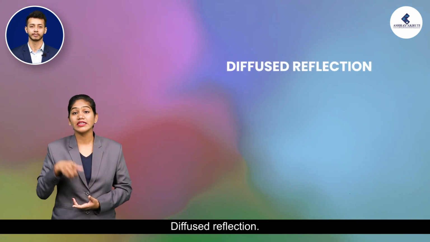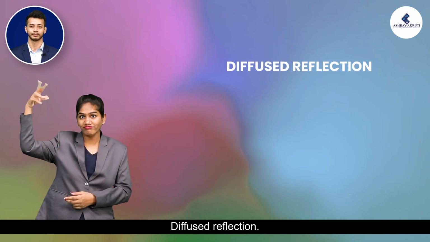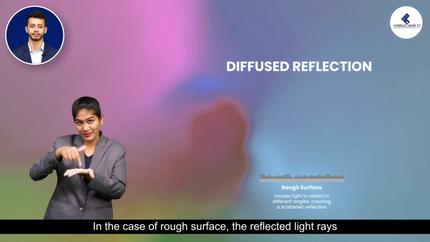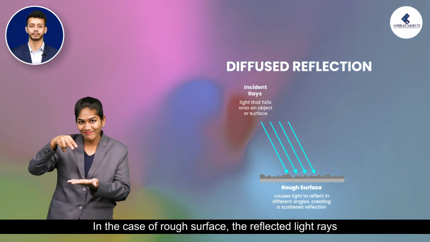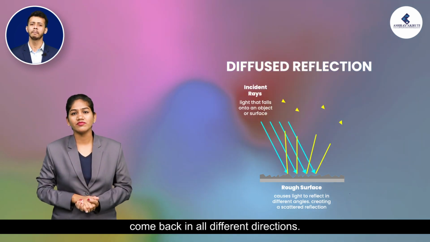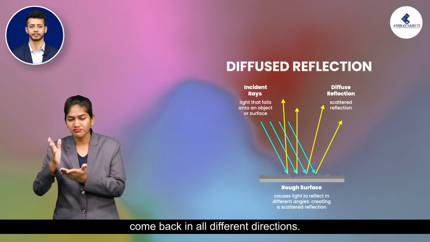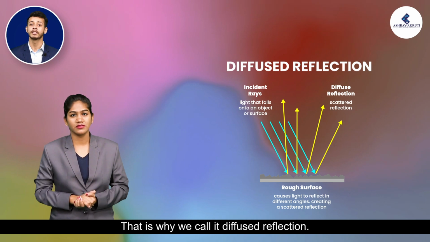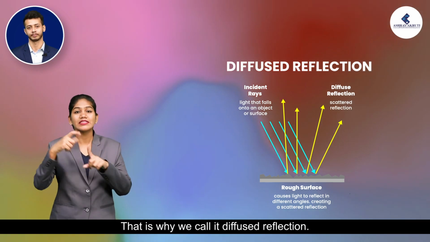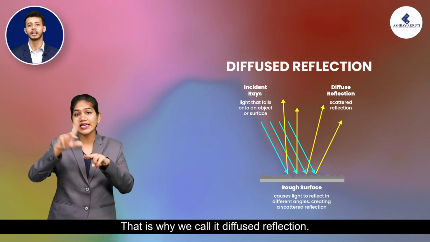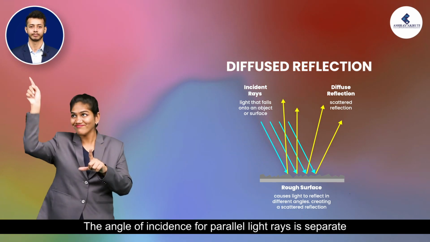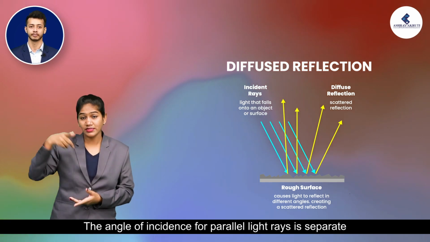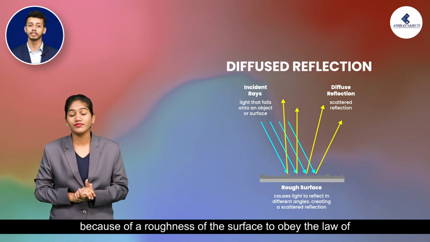Diffused reflection: in the case of a rough surface, the reflected light rays come back in all different directions. That is why we call it diffused reflection. The angle of incidence for parallel light rays is different because of the roughness of the surface.